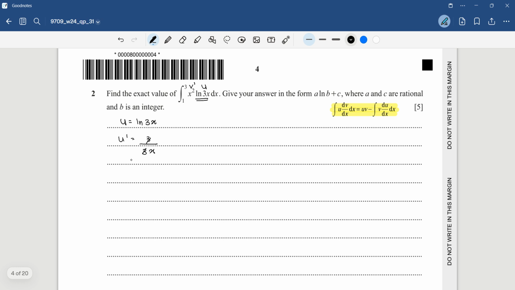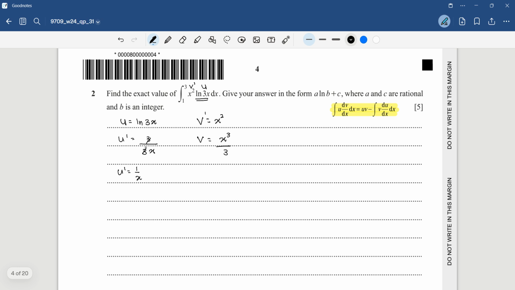You can cancel this, so u prime will be 1 over x. Similarly, my v prime is equal to x squared, therefore my v will be x cubed over 3. I will integrate to get my v.